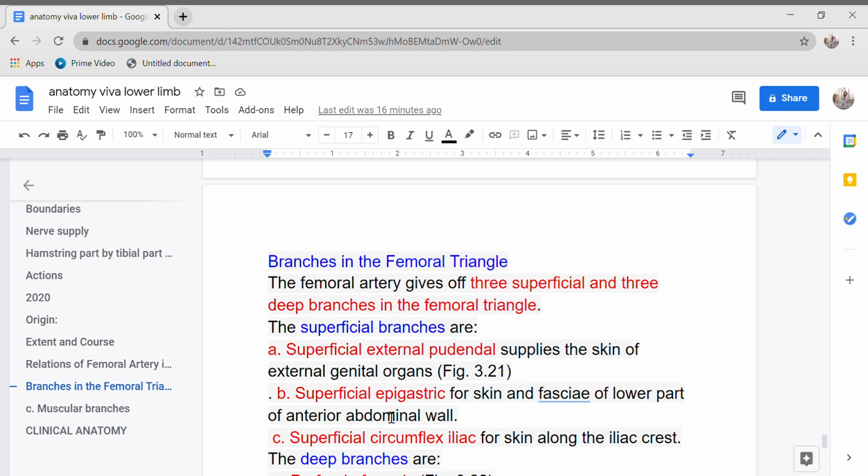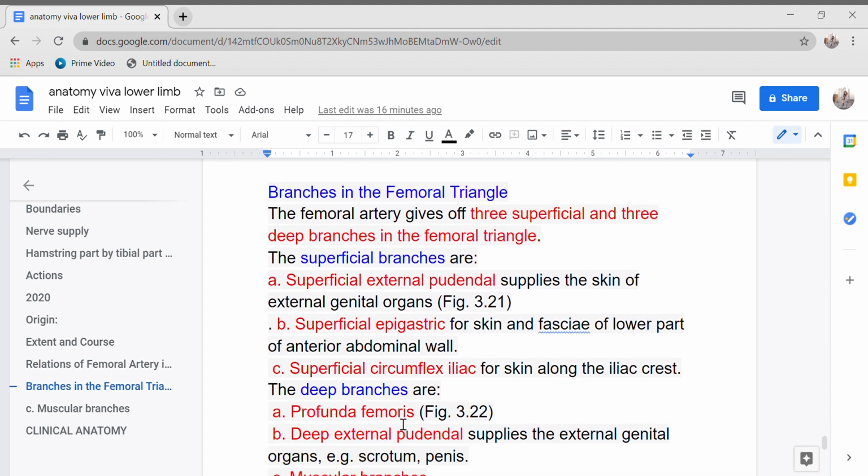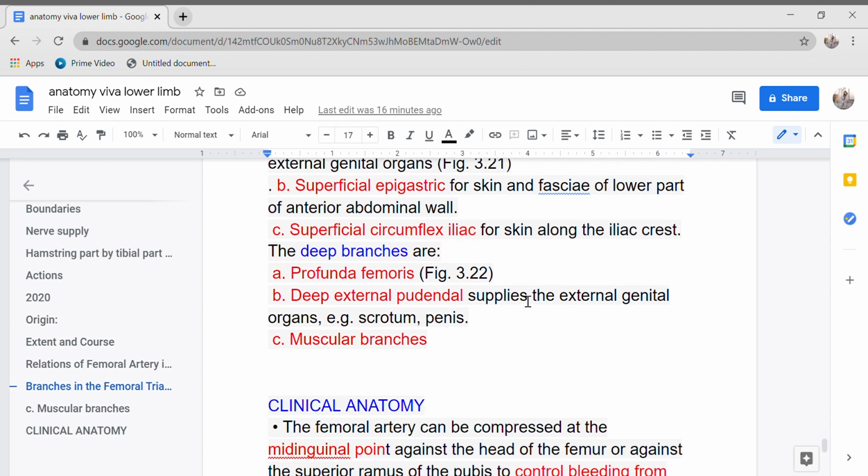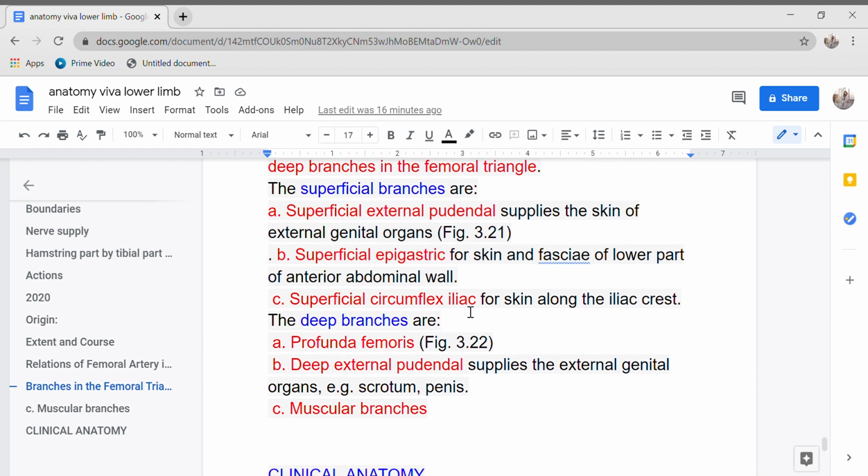The epigastric supplies the abdominal region, and the circumflex iliac supplies the region over the iliac crest. The deep branches are the profunda femoris and the deep external pudendal, and the muscular branches are also present.